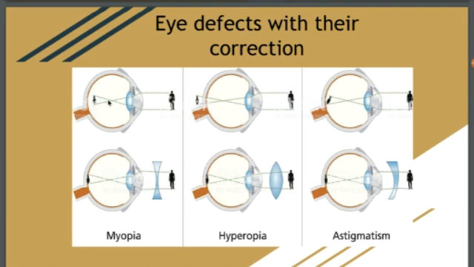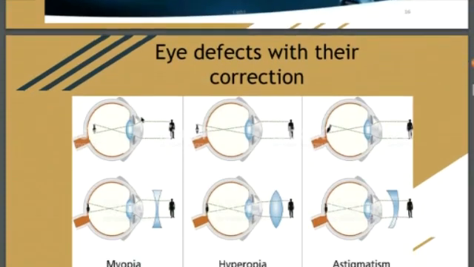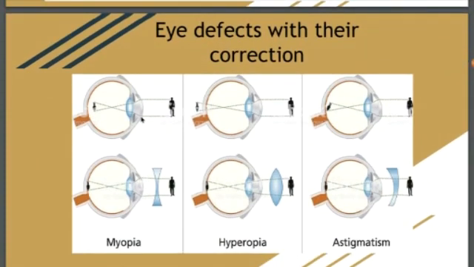This may occur due to elongation of the eyeball or too much curvature of the lens. This can be rectified by using a concave lens. This we also call short-sightedness.